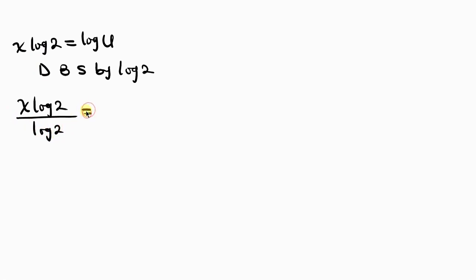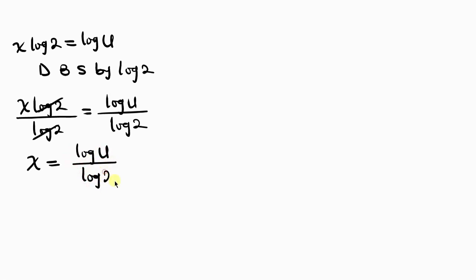This is equal to, now the right-hand side I have log u, I'll divide the right-hand side also by log 2. Now notice that log 2 can cancel out so that we have x equal to log u all over log 2. Well, this looks complex.